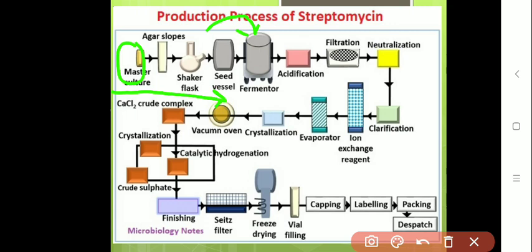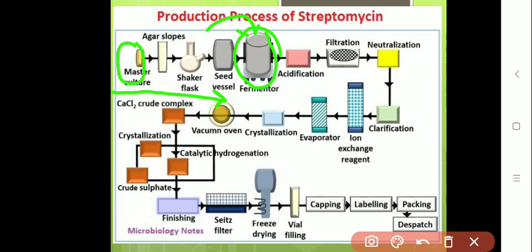After the inoculation process, the temperature is adjusted at 25 to 30 degrees Celsius and pH from 7.3 to 7.5. Proper aeration and agitation is provided and a complete fermentation process is done. After the completion of the fermentation process, within 5 to 7 days, we go for the downstream process.